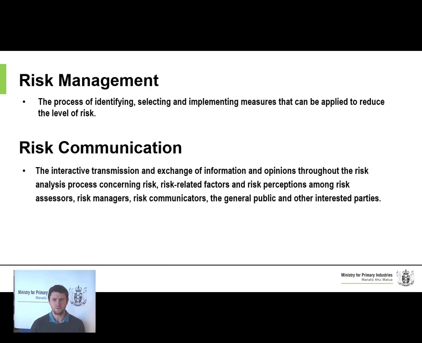So for example, when we consider the general public and risk perceptions, a risk assessor or a risk manager may consider a particular organism or the risk assessment to be low in terms of its impact, but if the general public believes or has a perception that the risk is very, very high, the risk manager needs to take that into consideration.